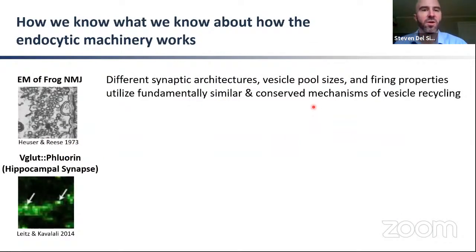And so what do we know about endocytosis? So we know that different synaptic architectures in different organisms with different vesicle pool sizes and firing properties are all fundamentally utilizing similar and conserved mechanisms of vesicle endocytosis and recycling.